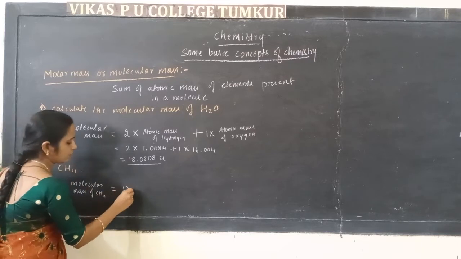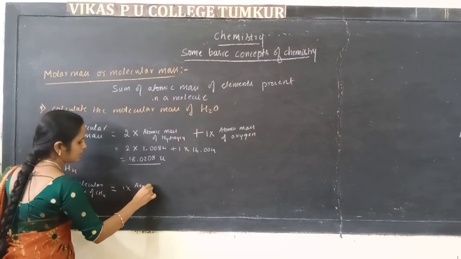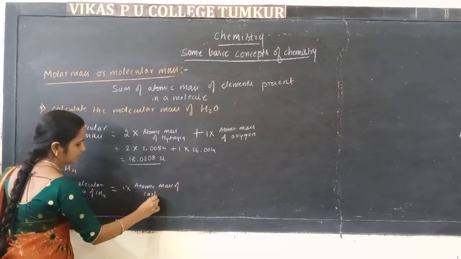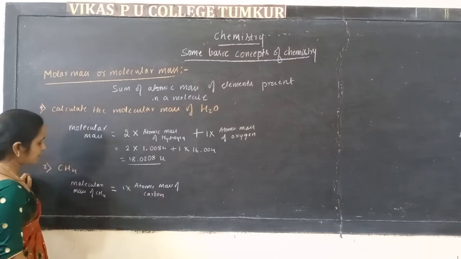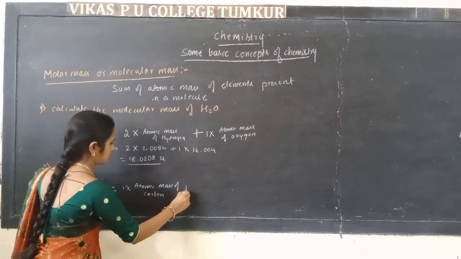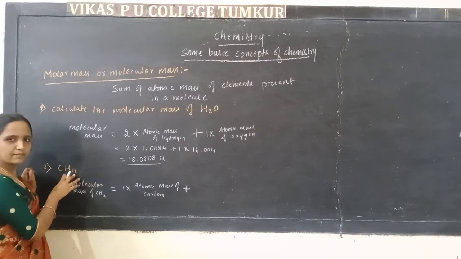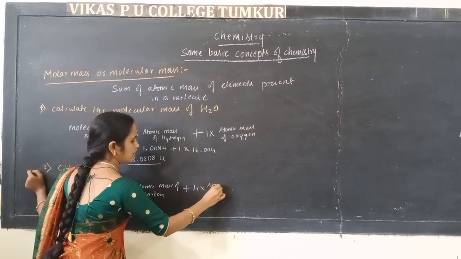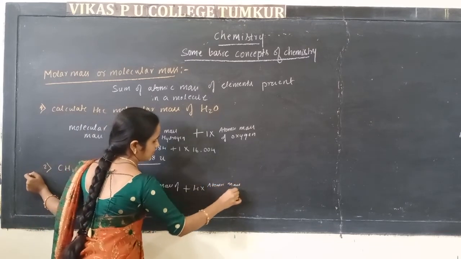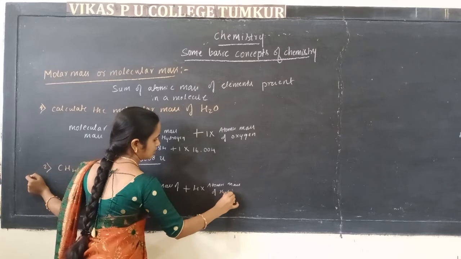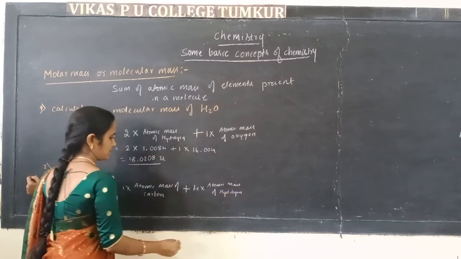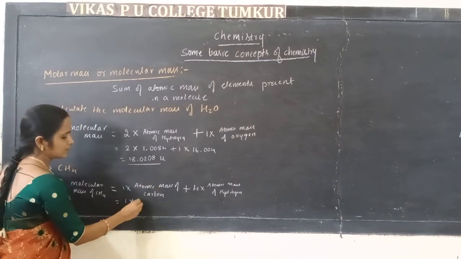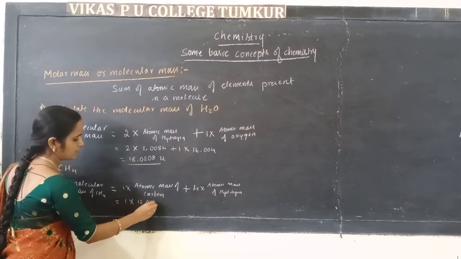1 into the atomic mass of carbon, then plus the number of hydrogen atoms is 4. Therefore, 4 into the atomic mass of hydrogen.